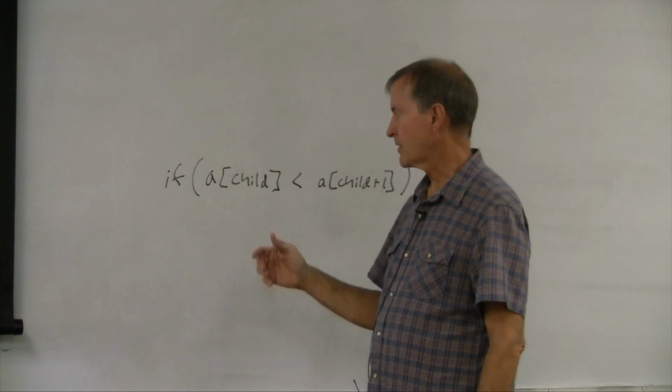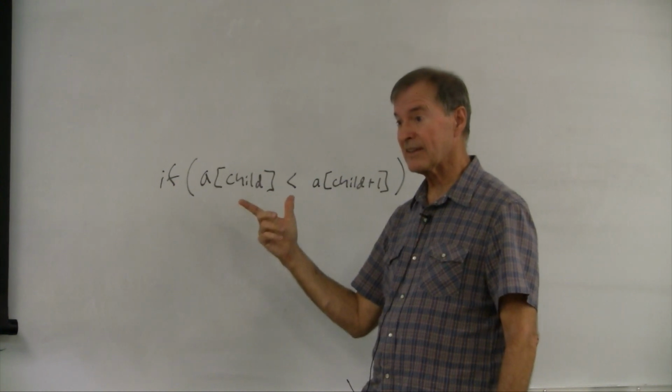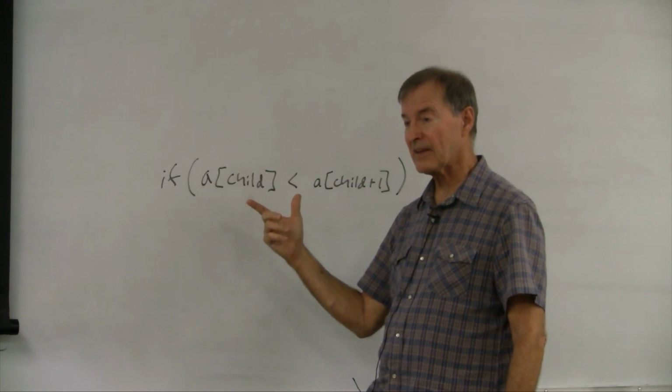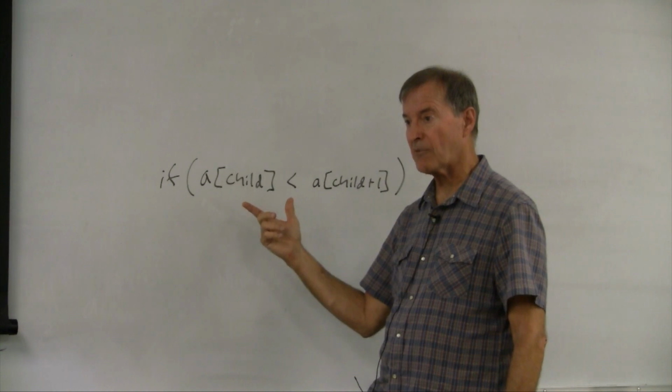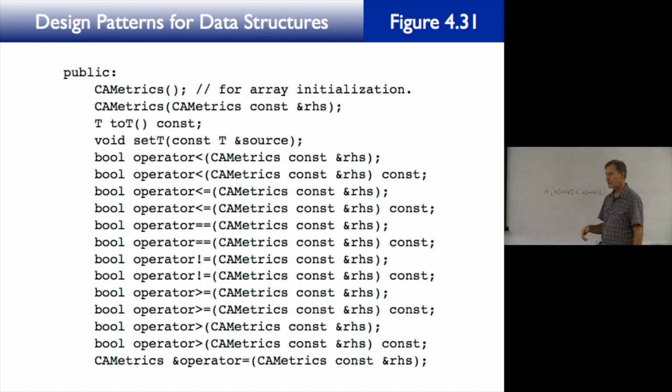Okay, but the underscore data inside a CAMetric object is that T, which is a double. Yeah. So what happens is when the compiler sees that the type of the A subchild is a CAMetric, it goes to this overloaded operator, and it executes that code.